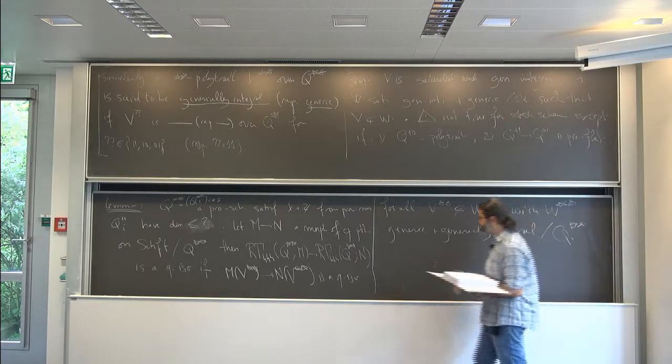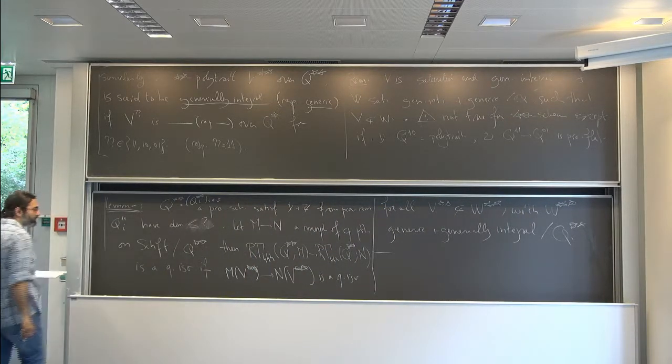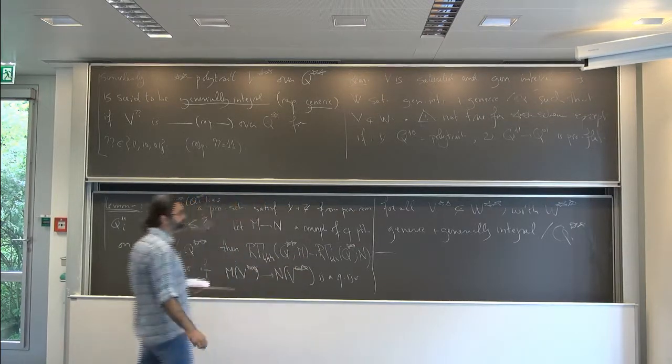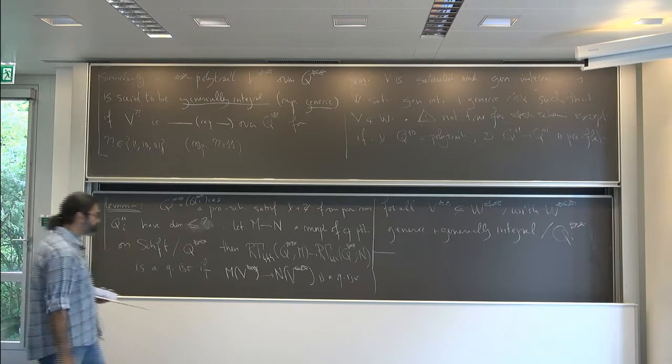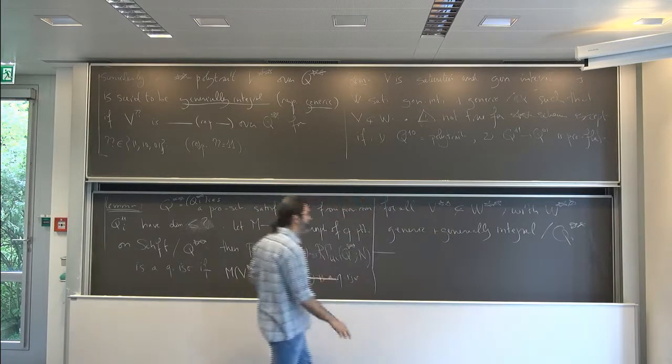Okay, so this is not a surprising fact. Just saying that if you are interested in the cohomology of Q star star, you don't need to know your complex of presheaves on every star star polytray. You only need to know this for those which are closed inside generically integral ones.